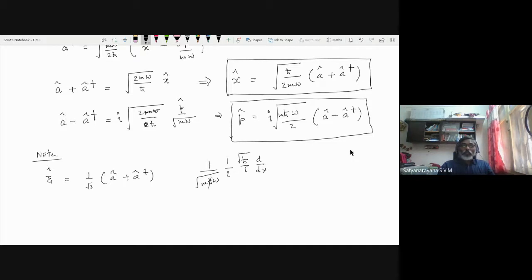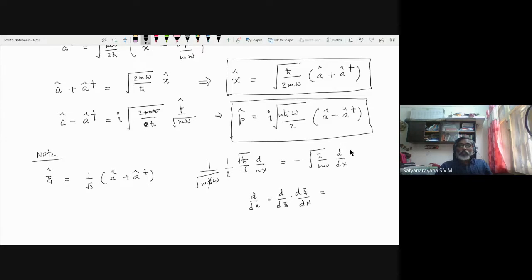So this is equal to minus 1 by i square is minus 1, and then I have square root of h bar by m omega into d by dx. Okay, so now I want to write d by dx as d by d xi into d xi by dx.